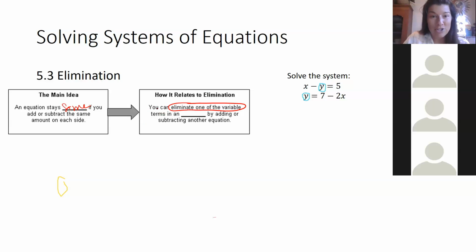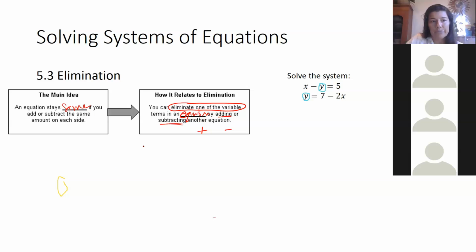How it relates to elimination, you can eliminate one of the variable terms in an equation by adding or subtracting another equation.